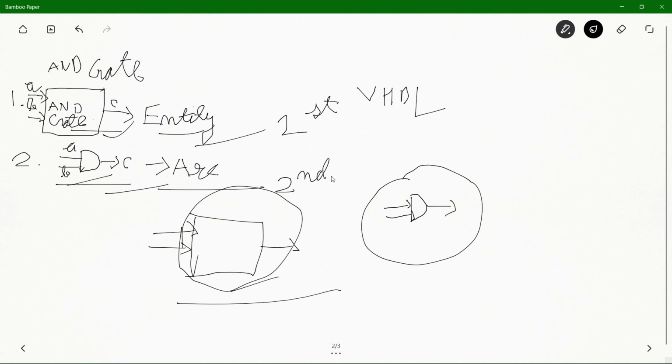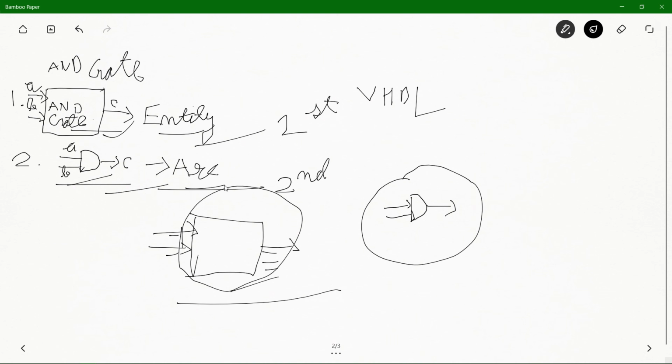From the entity portion, we are telling the compiler that I will have two inputs or three inputs or four inputs, that doesn't matter, or that I have one output, two outputs, three outputs, that also doesn't matter.